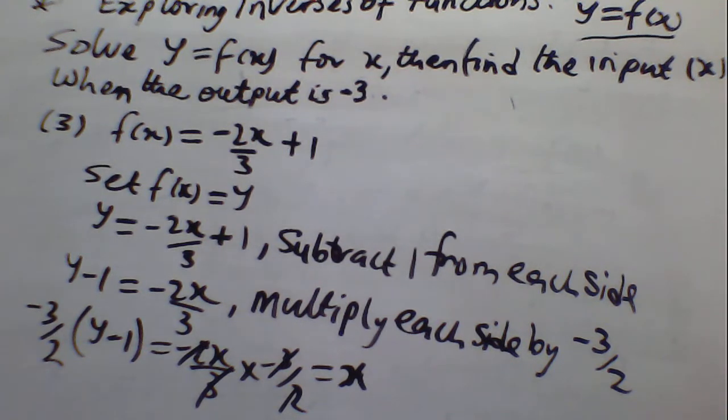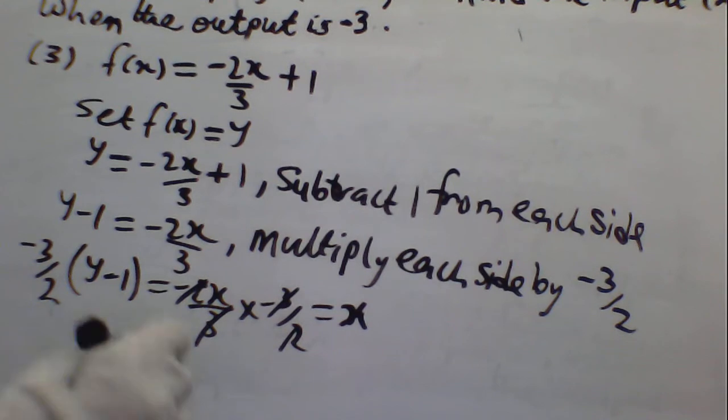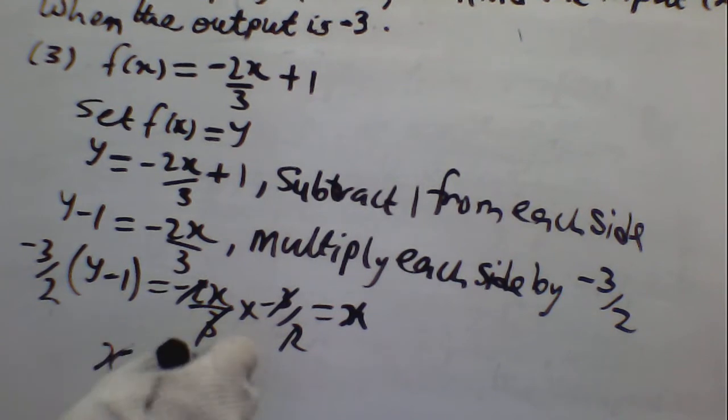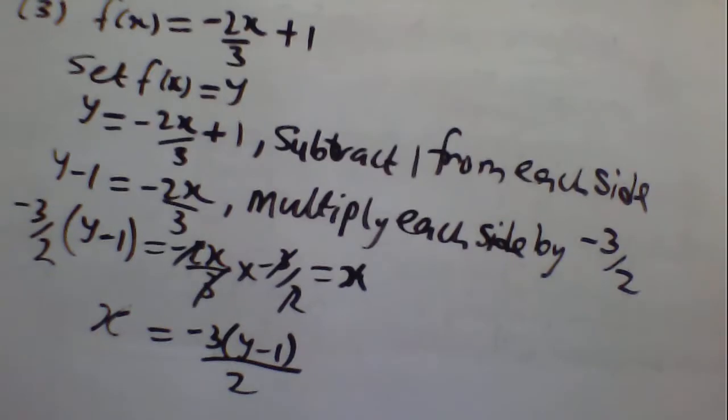So we have that our x is equal to minus 3 in bracket y minus 1 all over 2. So this is the value of what? x. So you were asked to do what? To find the input when the output is minus 3.